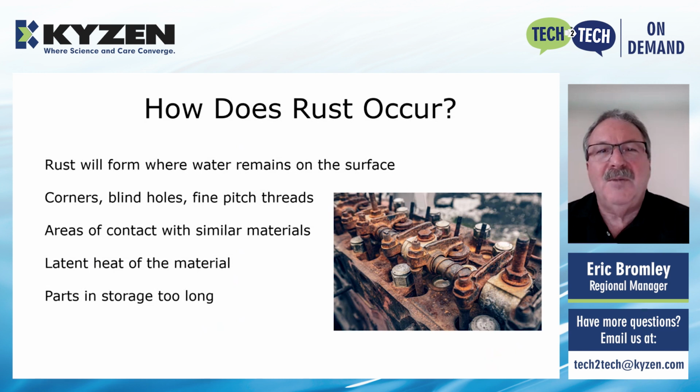It can cause spotting too, but today we're talking about rusting. And if the parts are left in storage too long, that's probably the most common reason for these parts to rust in general. If they're not protected well enough and they're left outside storage or in a non-humidity controlled environment for too long, they will rust.